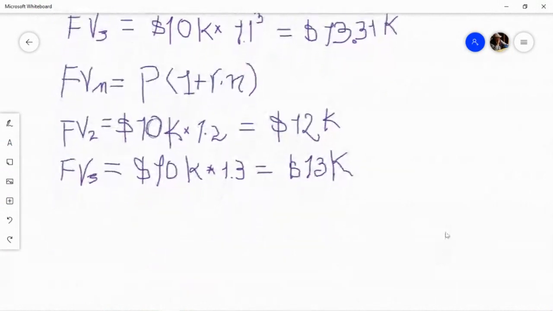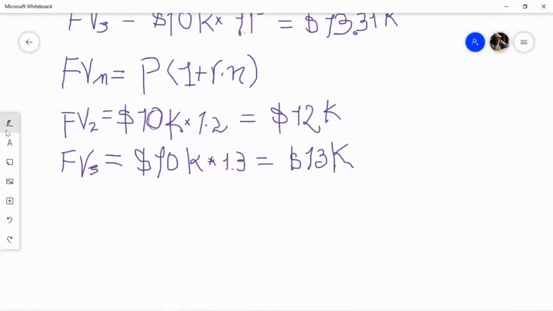The simple interest rate is used in a short-term financial market. For example, it will look like this. What's going to be the future value in 60 days?